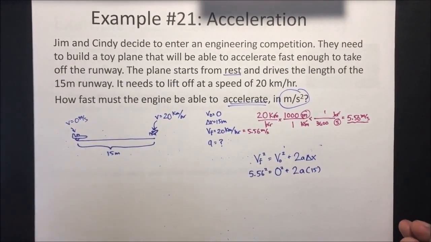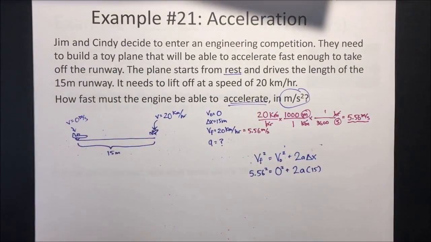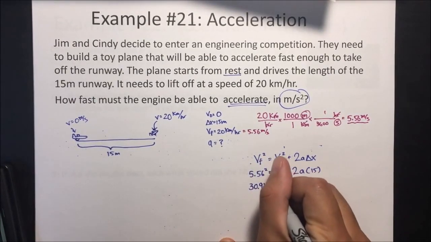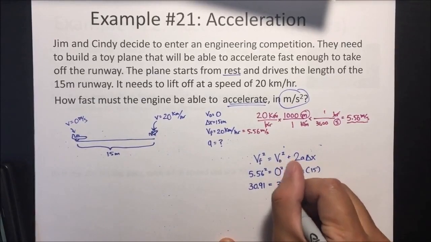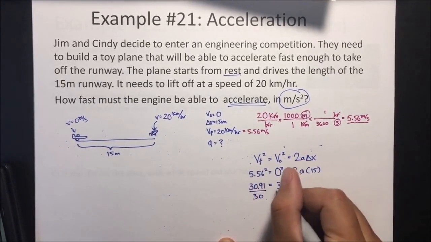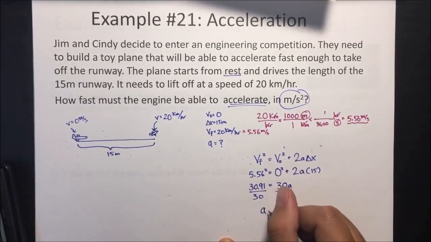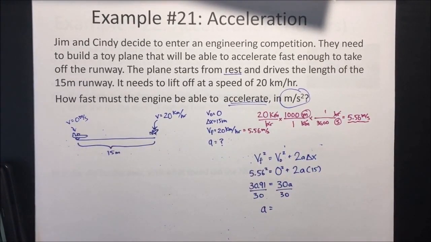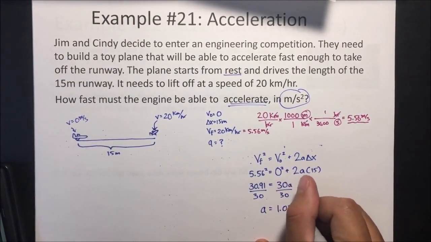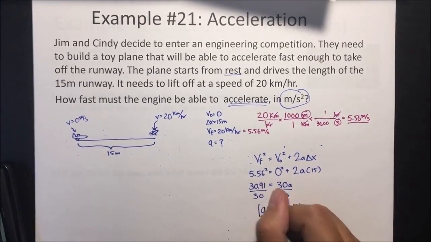Okay, so hopefully you'll be able to do the math of this, but 5.56 squared is 30.91, is equal to, this is just 0, 30 times a. So we divide by 30 on both sides, and we get the acceleration as 1.03 meters per second squared.